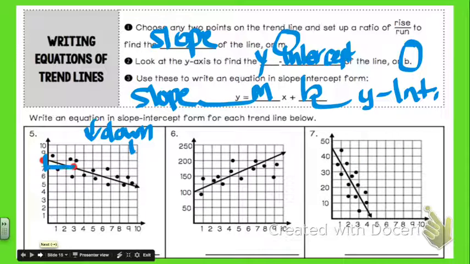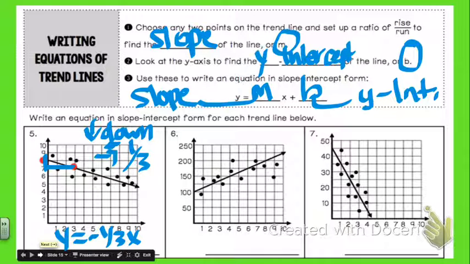So I'm going this way from 0 to 3. So that gives me a slope of 1/3, and because it's a negative trend line, it's going to be negative 1/3. So it gives me y equals negative 1/3 x.